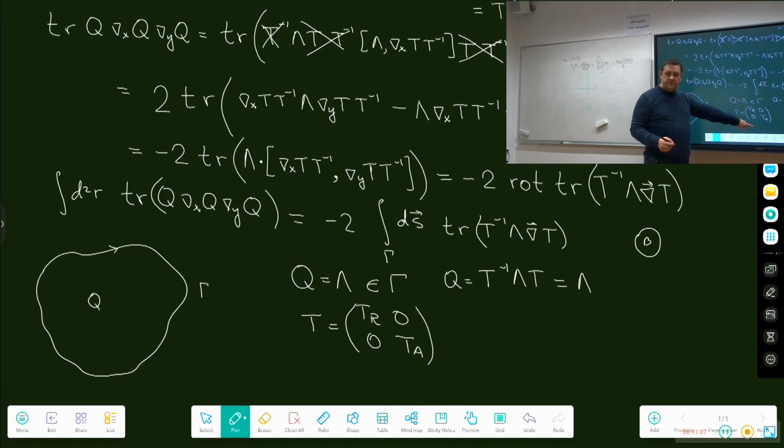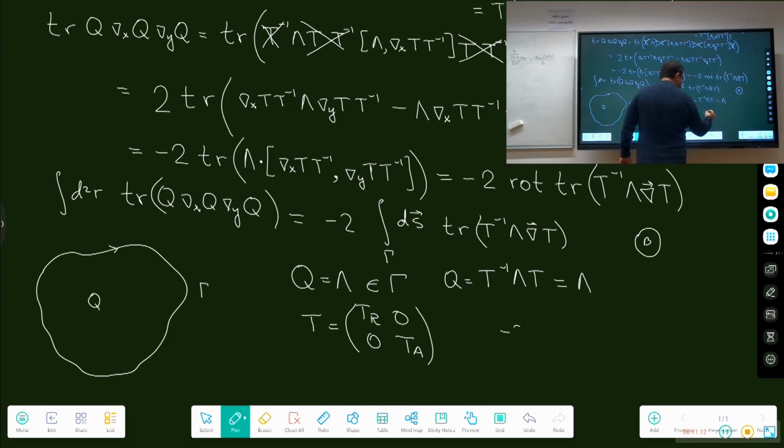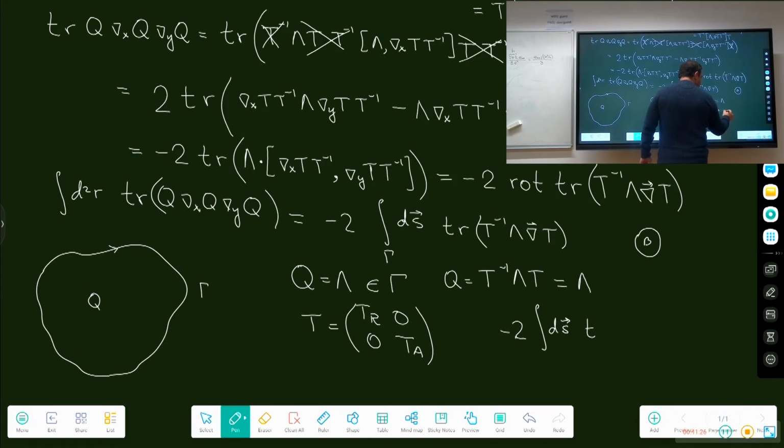T at the boundary has this form, and this trace here that I have will be minus 2 integral along the boundary, the circulation of the vector which is trace of T retarded inverse gradient T retarded minus T advanced inverse gradient T advanced.